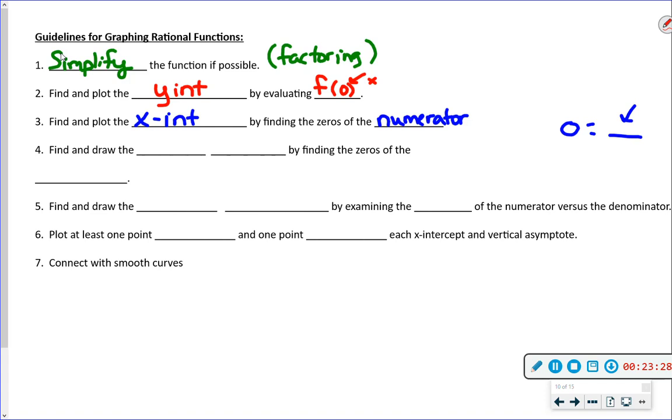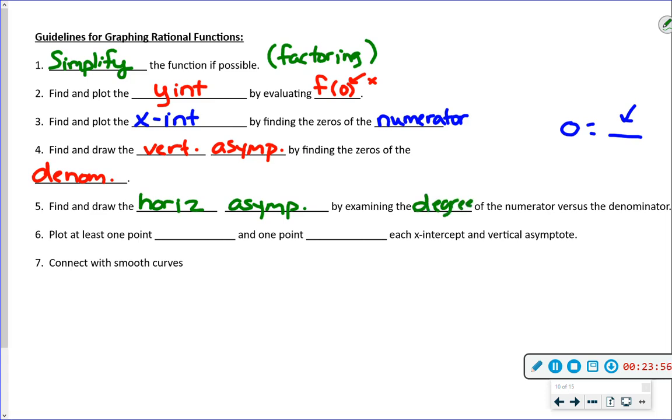All right, I'm going to draw the vertical asymptotes, abbreviating here. I'm finding the zeros of the denominator. So we've done that. Then, of course, I did my horizontal asymptotes, by looking at the degrees, the exponents of the top versus the bottom.